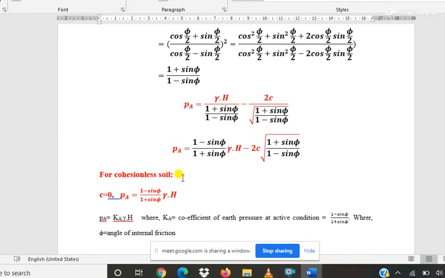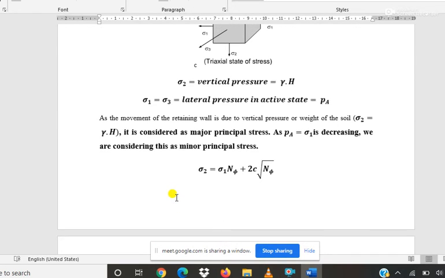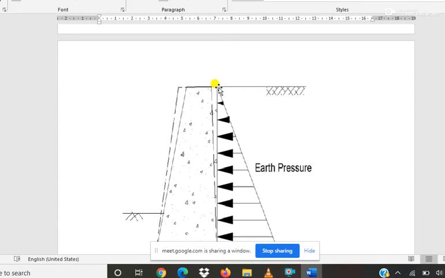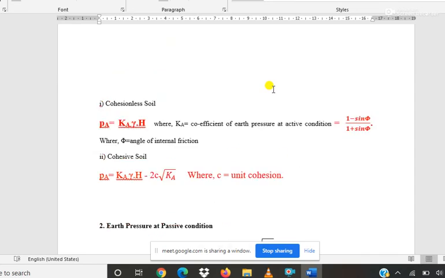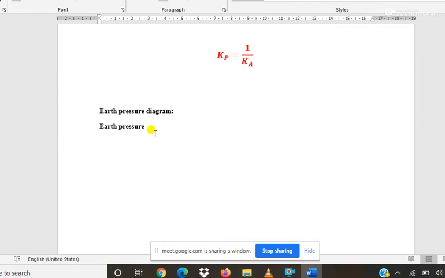Now, as the height of the wall is 0, then this one is 0. That means starting from this, if there is no wall, there is no lateral earth pressure. That's why starting from the zeroth depth, we have to consider the value of h is equals to 0. That's why we may modify the equations with a variable z.